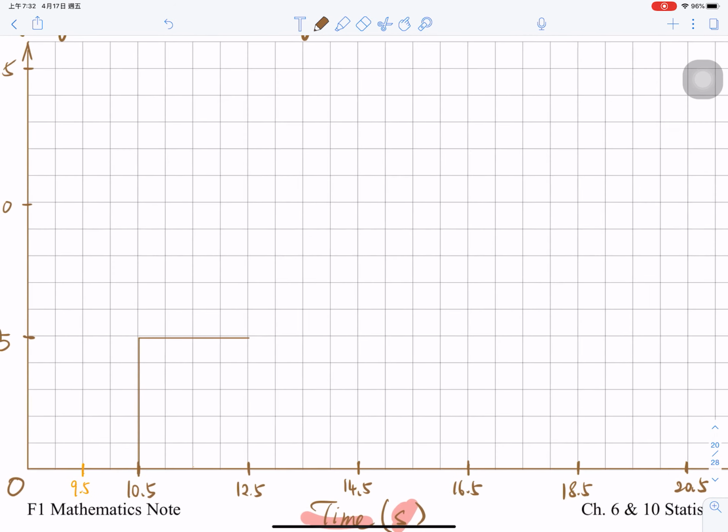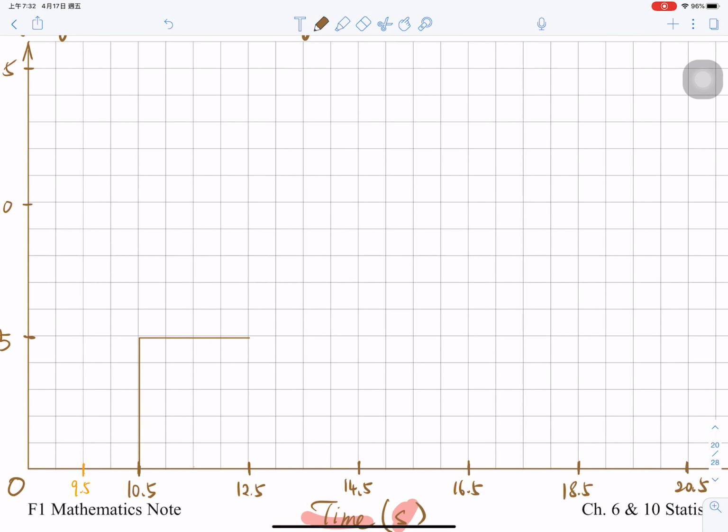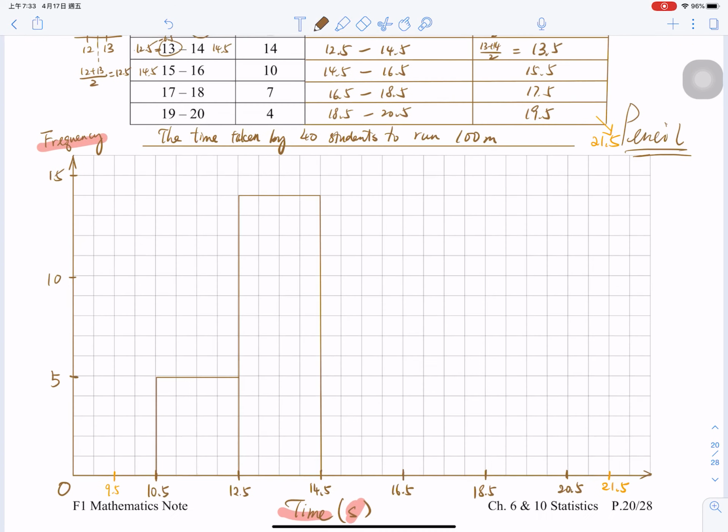So here 12.5 up to 14. So that means here, right? Okay, 4 units as a bar. This one is the highest, so better to draw back here. Okay, how about the next step?